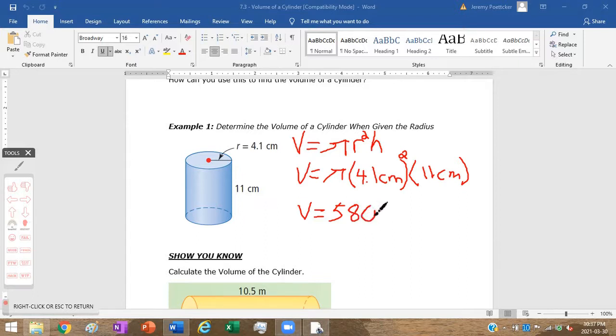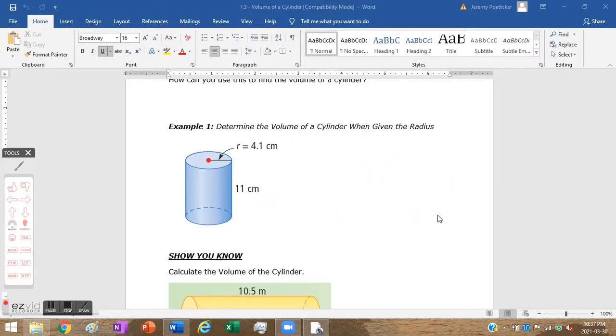We've got one decimal place here, so let's go to one decimal place in our answer. Centimeters, and our units are cubed. Make sure you get that down and that you can actually get that result on your calculator.